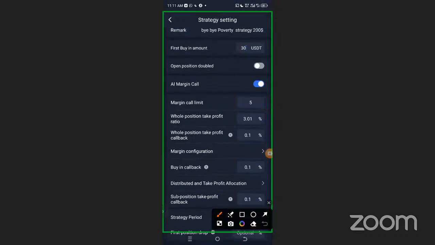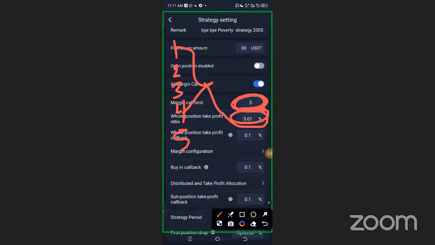You are trading using 5 margin calls, right? That is 1, 2, 3, 4, and 5 margin calls. The first four margin calls are going to be sold at a take profit of 3%.